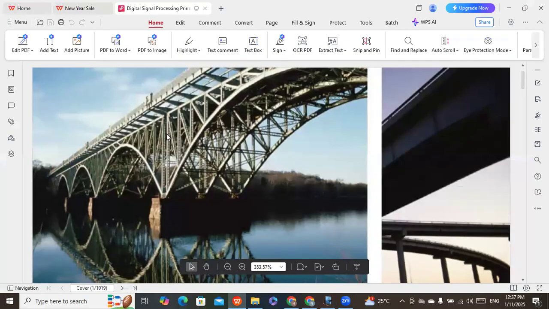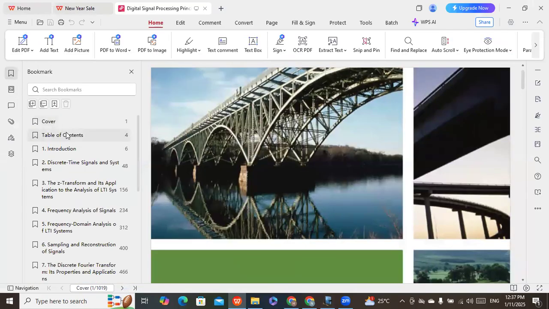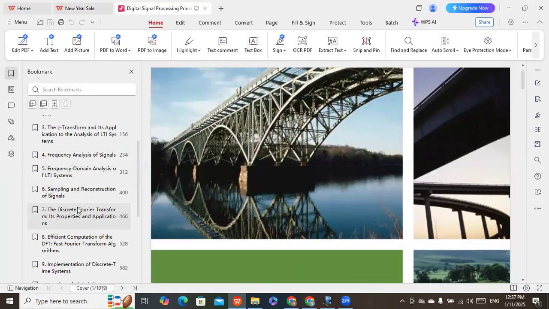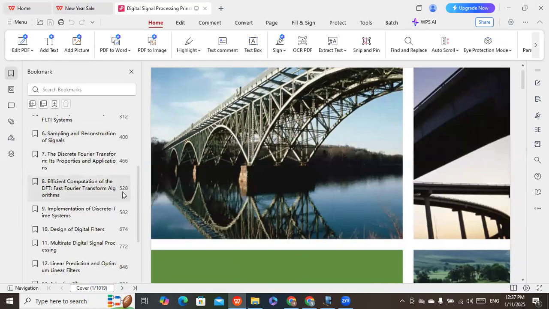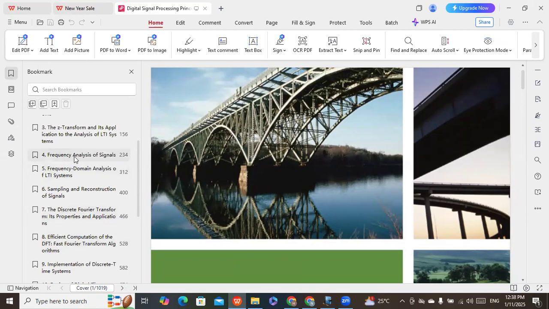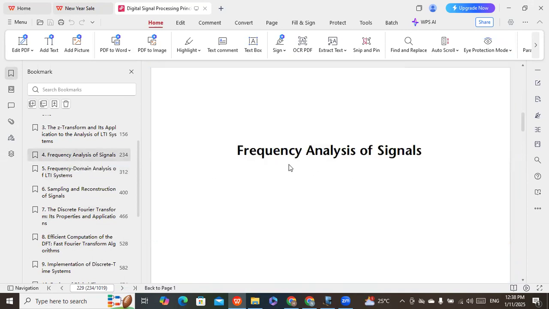So this is your reference book. You can see frequency analysis of a signal. In Fourier transform, Fourier analysis, actually we are going to do a frequency domain analysis, frequency analysis of a signal.